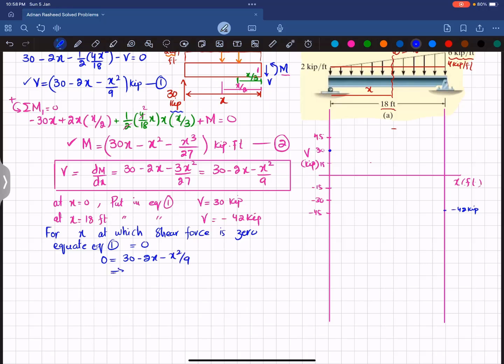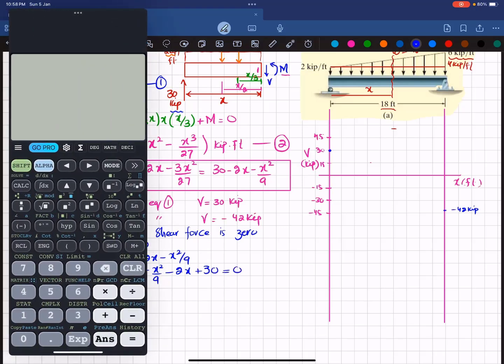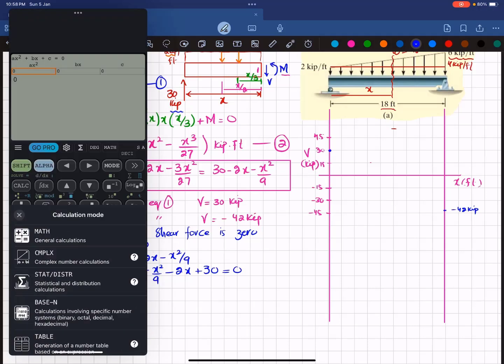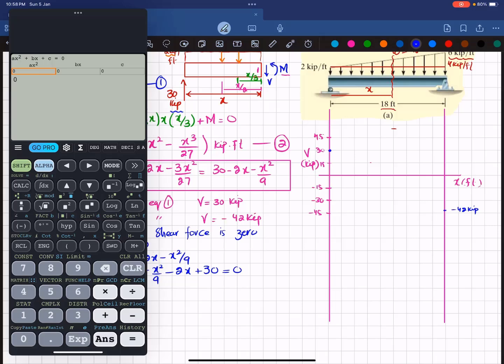Rearranging, we get minus x square by 9 minus 2x plus 30. By using the calculator, we will solve this quadratic equation. Go to mode, then solve the polynomial of degree 2, and put in the values: for A, minus 1 divided by 9; for B, minus 2; and for C, plus 30.